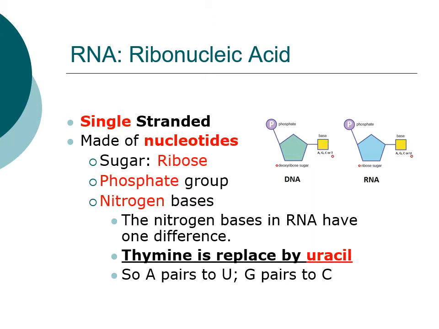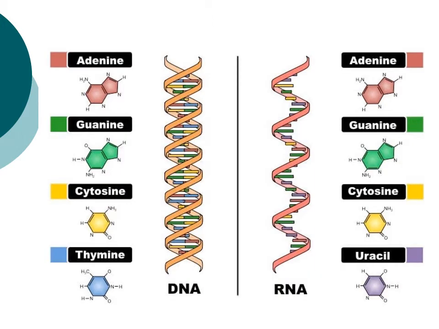But what this means is when we're flipping our codes, if we have an A in our DNA, it's not going to turn into a T in RNA because RNA doesn't have it. It'll turn into a U instead. So that's the one tricky part, that if you practice it, it gets very, very easy, but it is the one big change. So here's our strand of DNA, the double helix.